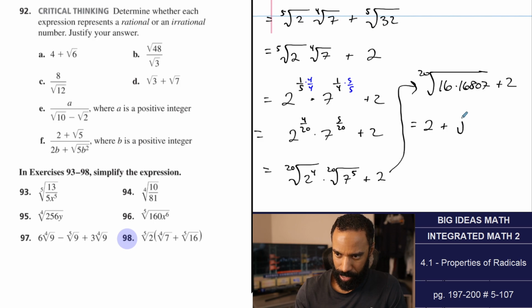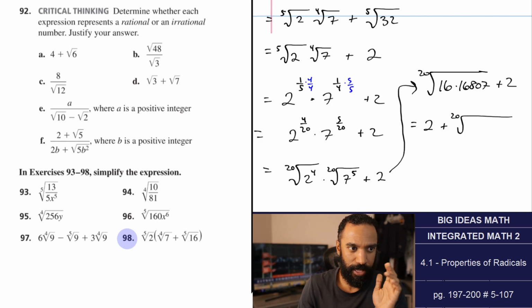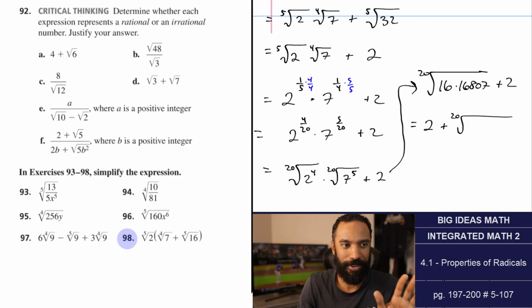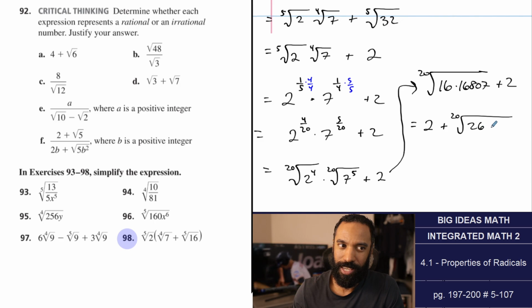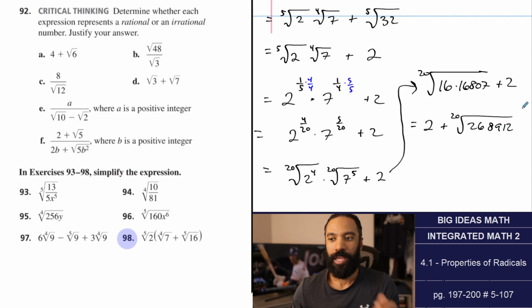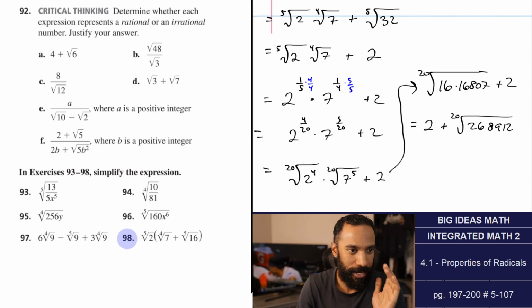This is 2 plus the 20th root of... I'm going to make sure that this is correct. I feel weird spending time on this one, but this is where I pique my interest, and I want to write it as one radical. So the 20th root of 268,912.